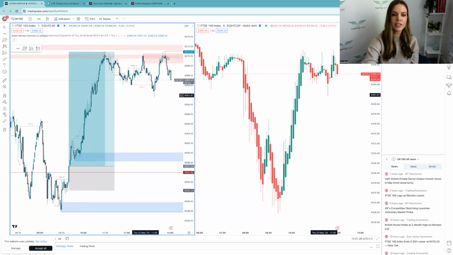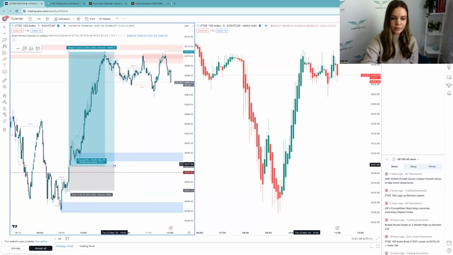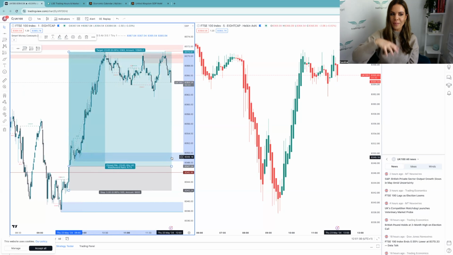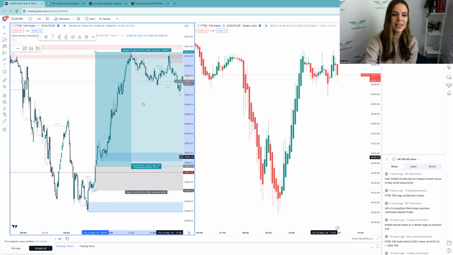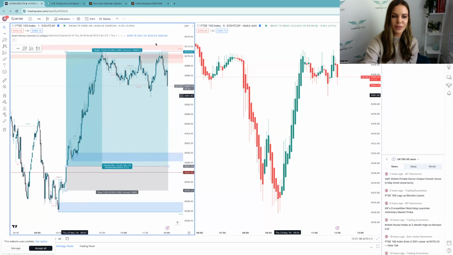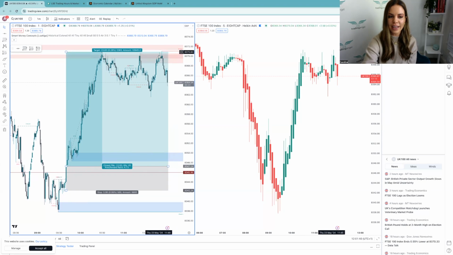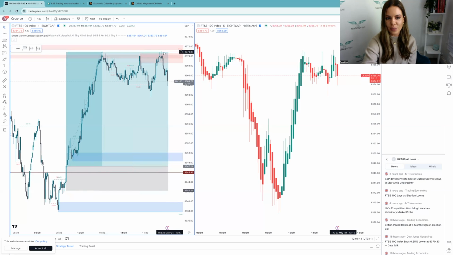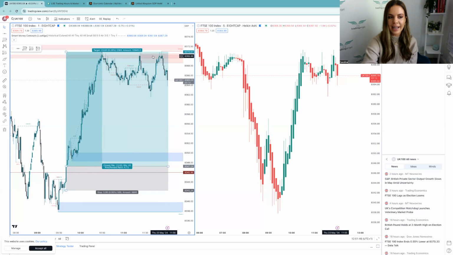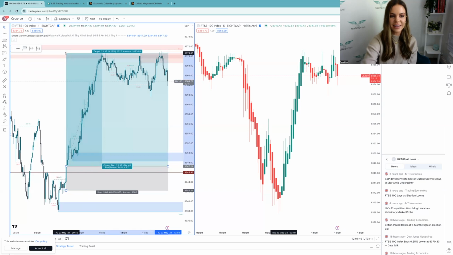There you go, it gets taken out here. So in order to get the most profits out of this trade, you want to set your take profit around this area. A little bit further down is the safest way to do it, but it does often take it out. And that is the best way to maximize your profit.